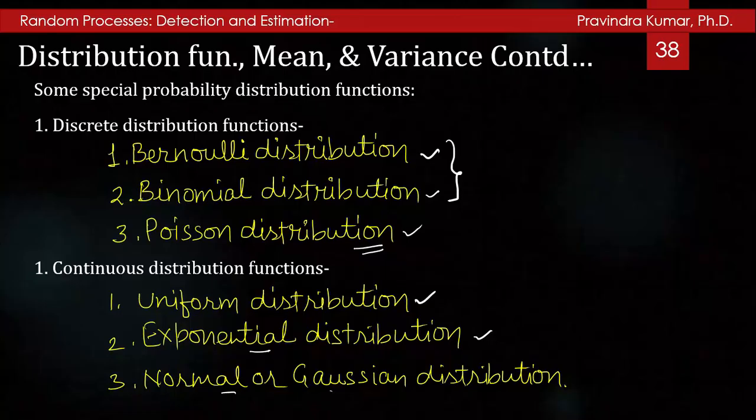It is also used to describe the fluctuation in the signal strength received by the radar from certain types of aircraft. The normal distribution describes many phenomena that occur in nature, industry, and research. Errors in scientific measurements are extremely well approximated by the Gaussian distribution.